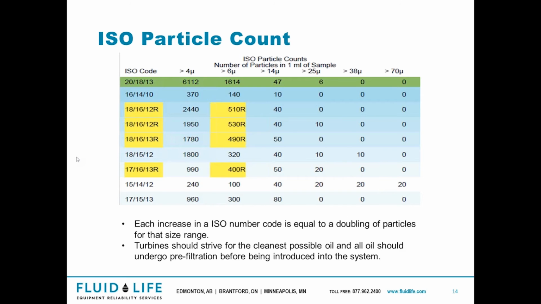So really, choosing a target goal for ISO particle count is up to you, on how clean you think you can keep your oil. But it may require some additional filtration, kidney loop systems, or an upgrade of your existing inline filtration to maintain that low particle count, as well as any pre-filtration of oil before you put it in the turbine.